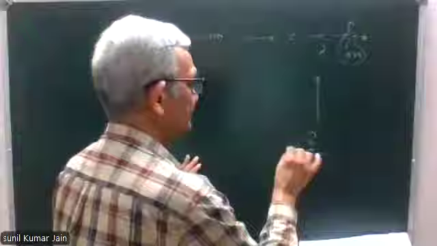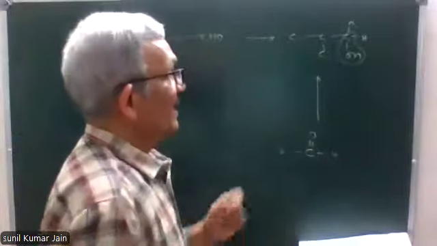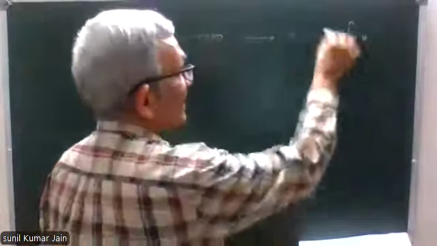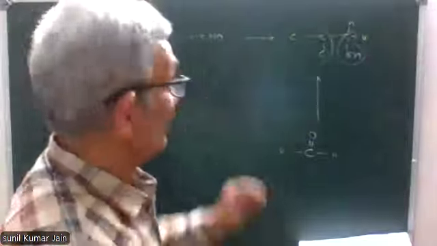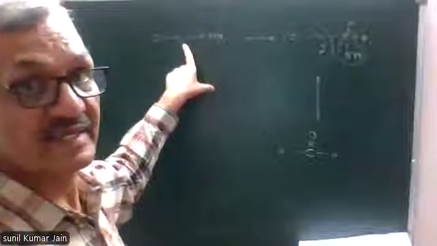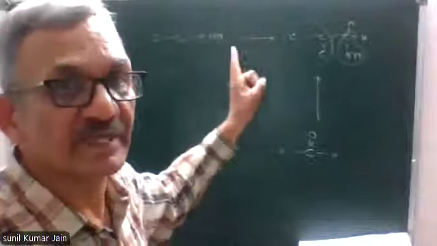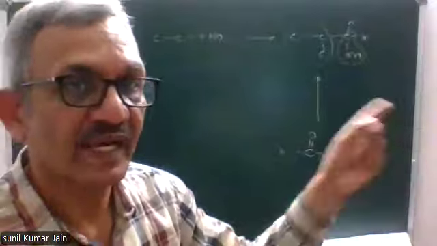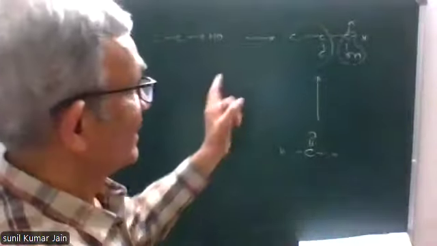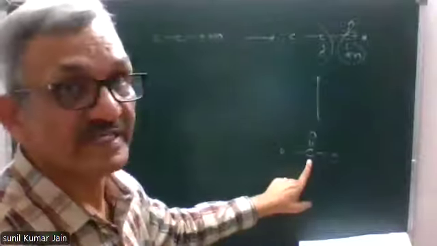It means this part, isopropyl part, will come from Grignard reagent. It means we'll have to convert this reactant of 3 carbon atoms into a Grignard reagent of 3 carbon atoms. And after we prepare Grignard reagent, that Grignard will be reacted with HCHO.